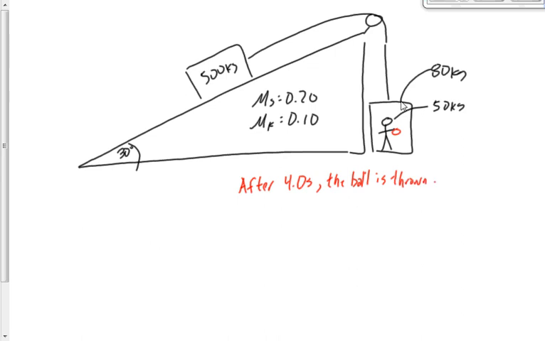The ball is thrown at 20 meters per second relative to the elevator at an angle of 30 degrees. The question is, how far does the ball go?